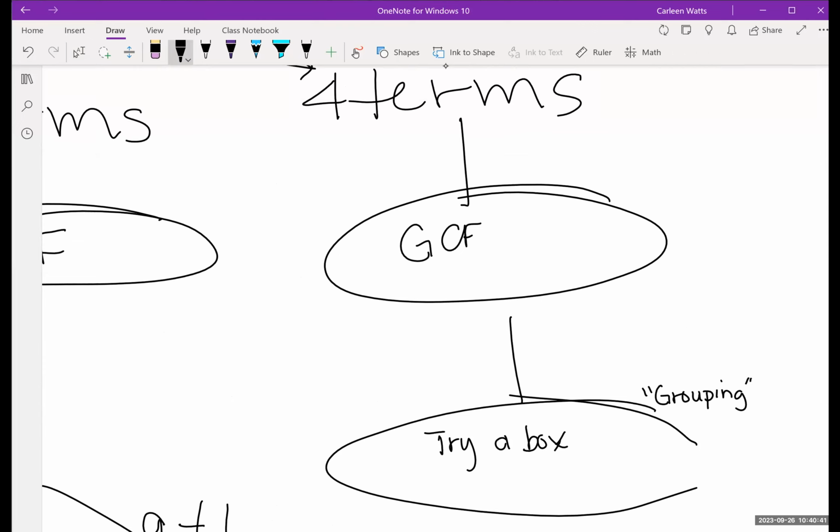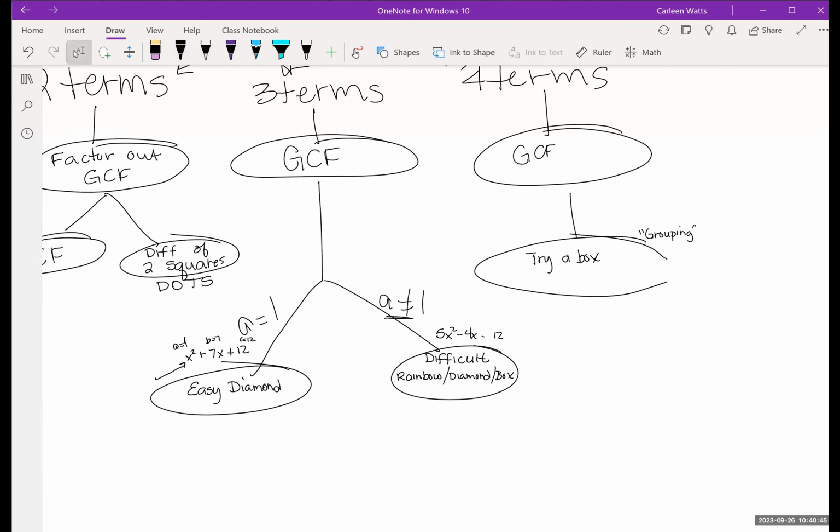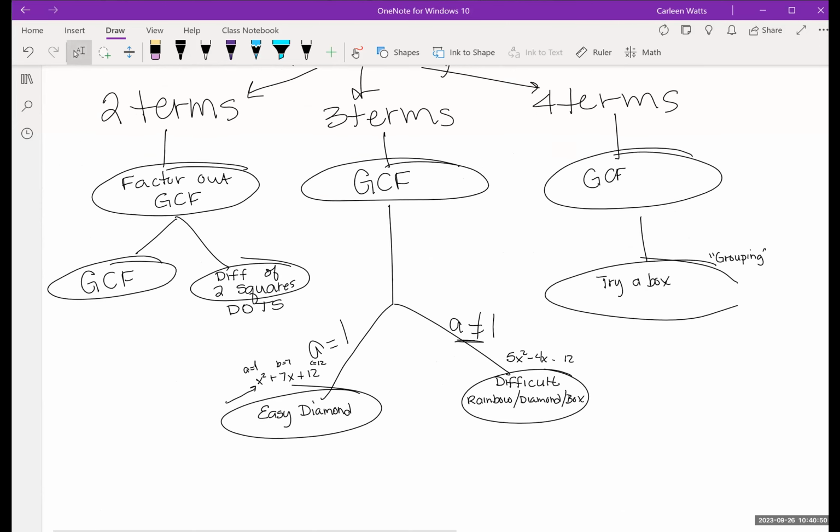Now let's just be honest. We know you guys look at PhotoMath, right? But you're not just writing down what PhotoMath says without any thinking. This is where PhotoMath differs from me. PhotoMath is going to give you the old-fashioned way to do it, but if I say demonstrate the diamond and the box, you will not get that from PhotoMath.